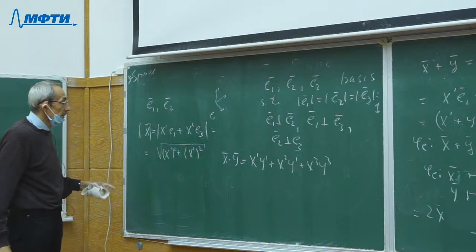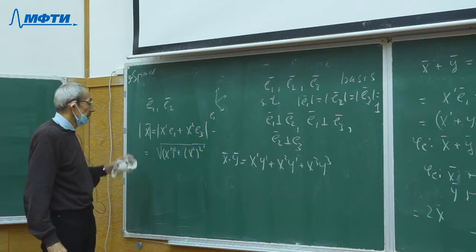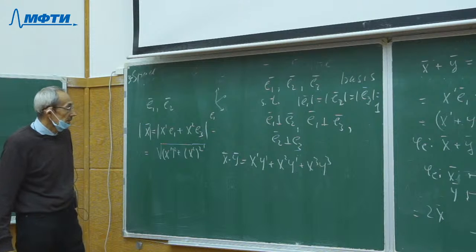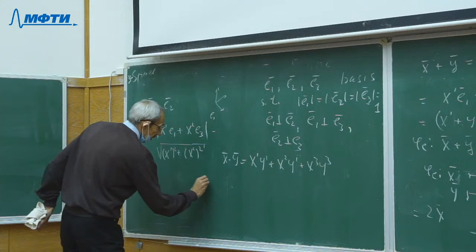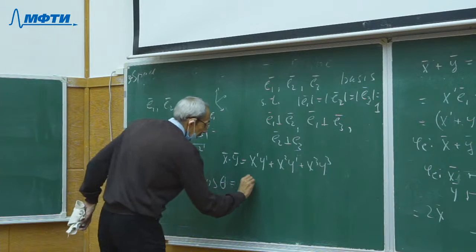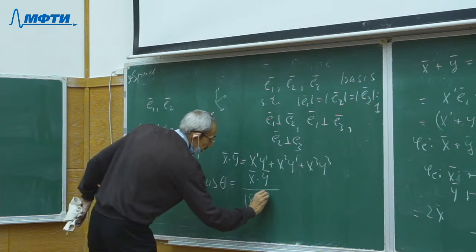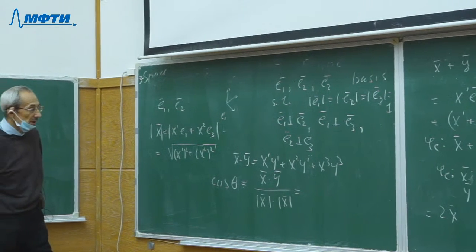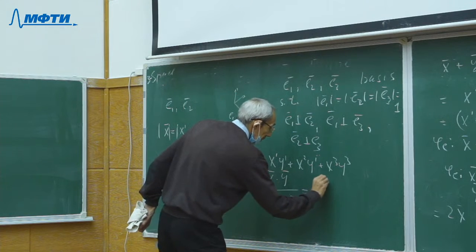And using the formula for scalar product and the formula for the length of the vector, we can calculate the angle between two vectors, namely the cosine of such angle is equal to the ratio of the scalar product to the product of the lengths of these vectors, and in the coordinate form we obtain these expressions.